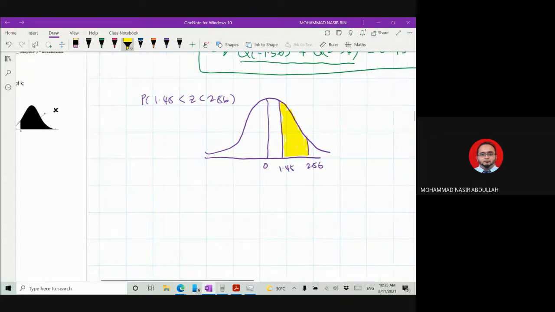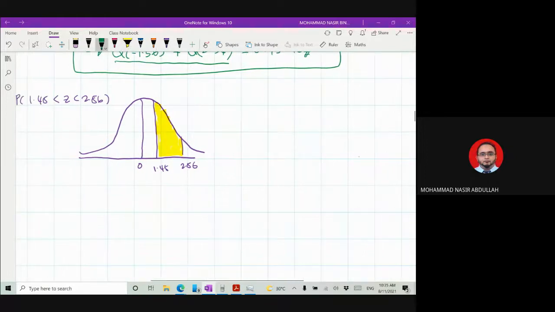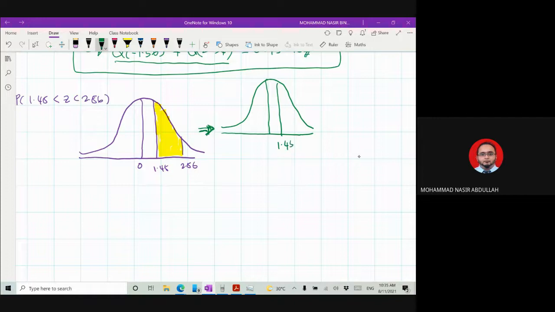Okay, so how to find this area? Very simple. Let's narrow down the distribution curve. We have the whole area on 1.45, right?